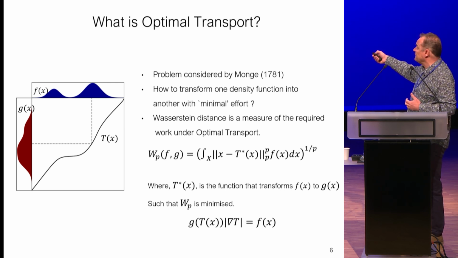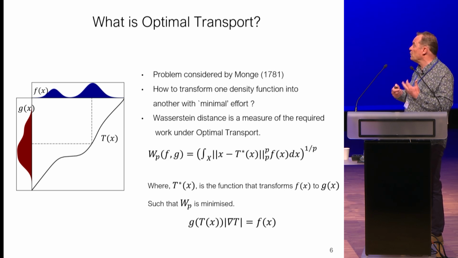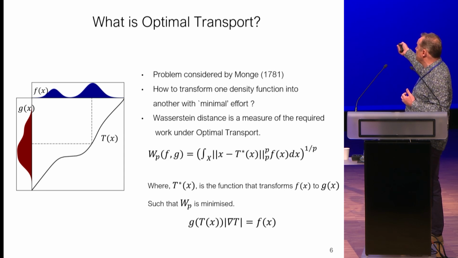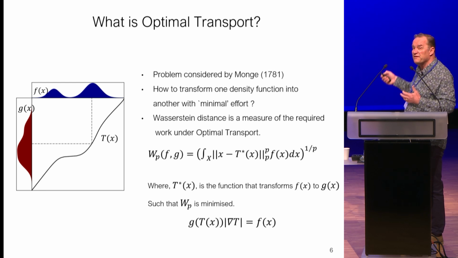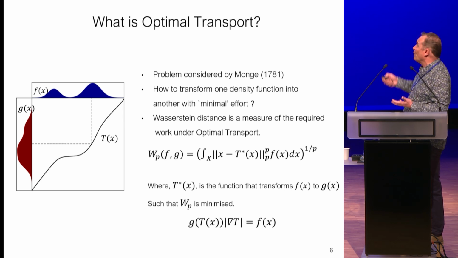As the dashed line shows, the little parcel of blue here moves to the place at red here. And it's a one-to-one map. Here's my expression of the work done, and if I minimize W_p with respect to the function T, and I'm calling the optimal map T star, then that becomes what we call the Wasserstein distance.